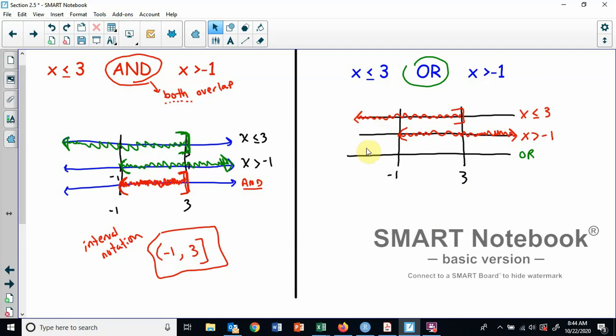So over here on the left, is there any shading? Is either one of them shaded? Yeah, this one's shaded. Right here, you see this? So that's going to be part of our answer. Okay, and then we look in the middle. Are either one of them shaded? Yeah, both of them are.